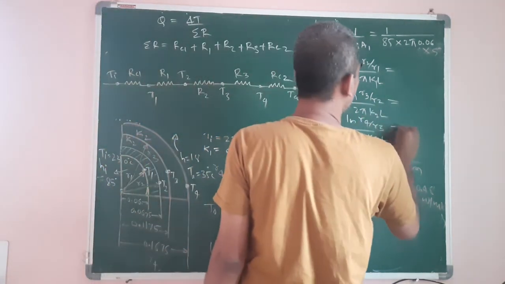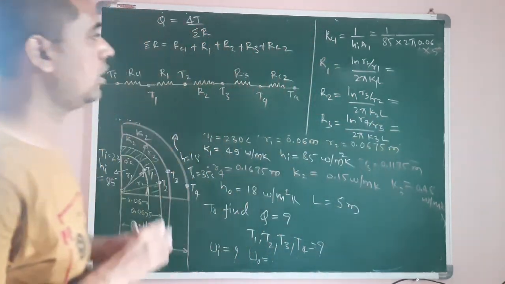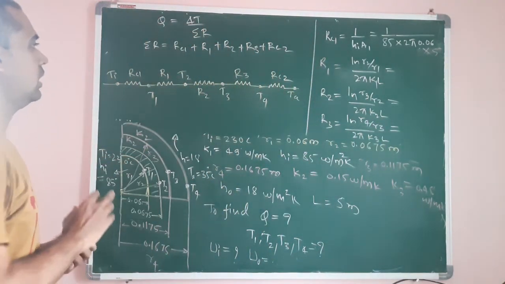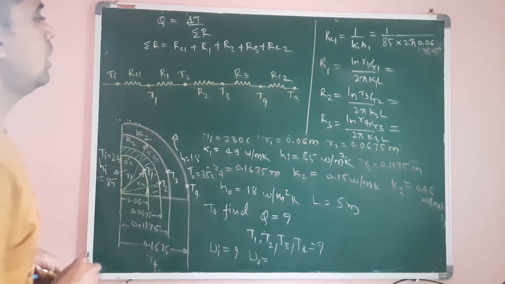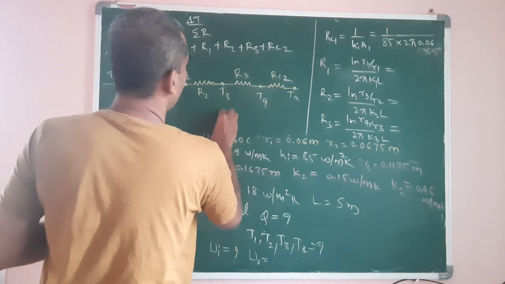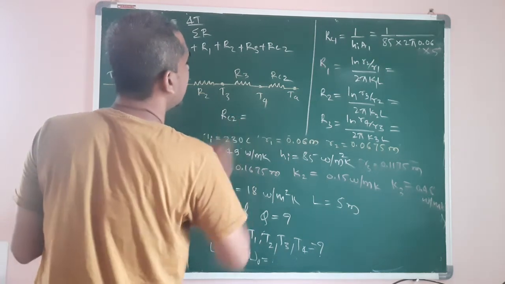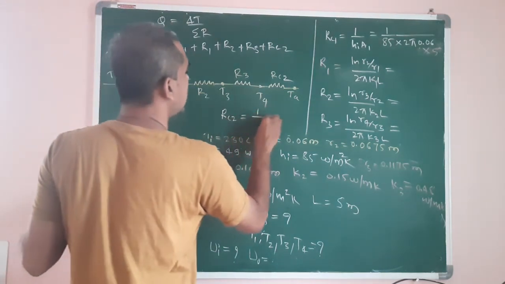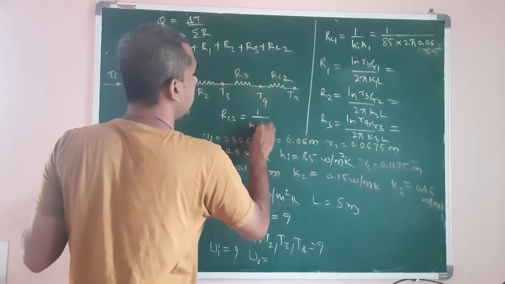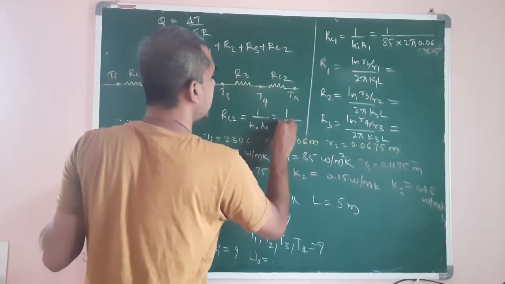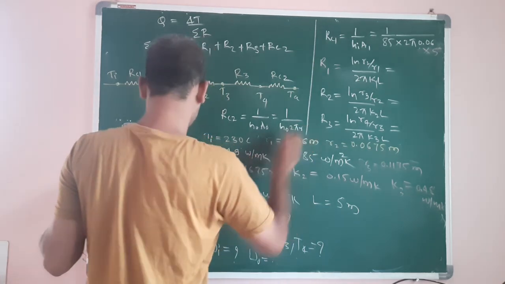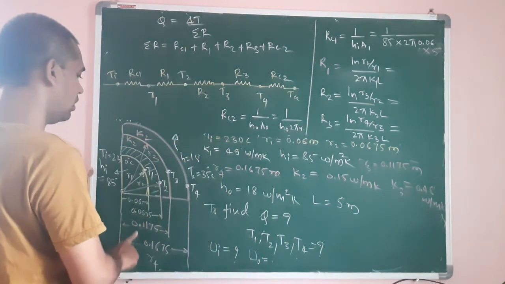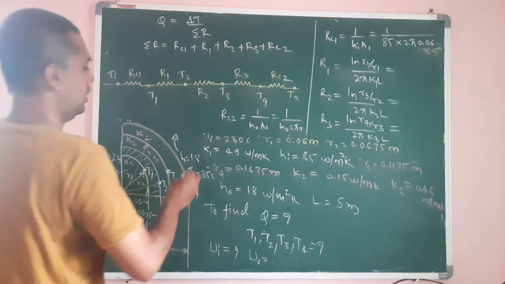This is the electrical analog, those are the individual resistances. In a similar way, RC2 you can calculate as 1 divided by H0 into A0, where A0 is 2 pi R4 into L.